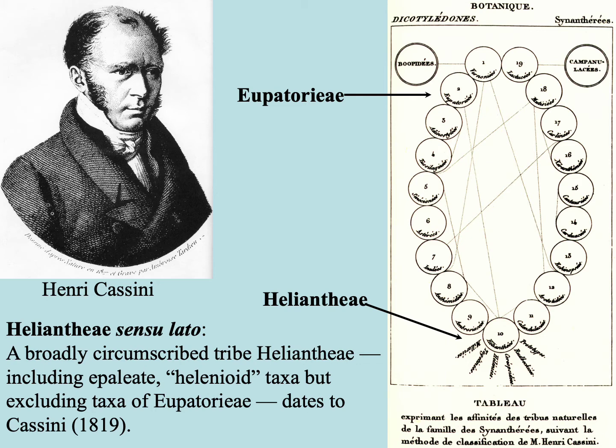And in his system, you can see that we have a number of groups associated with tribe Heliantheae here at the bottom, but notably not the Eupatorieae up here near the top. We'll talk more about it in a moment.